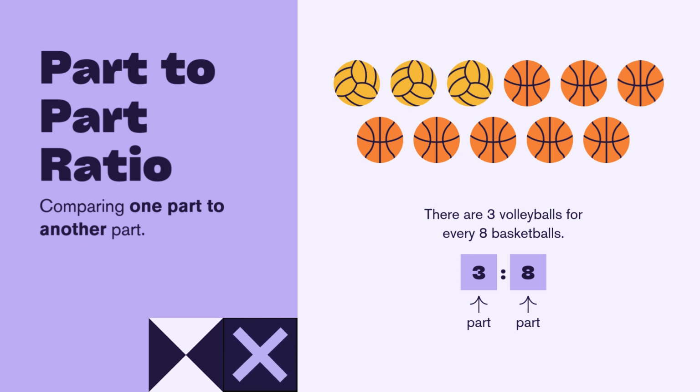So this makes a ratio of 3 is to 8. There are three volleyballs for every 8 basketballs. With proper visualization of these examples, they will be able to understand part to part ratios. You can give many examples and make them understand the part to part ratio.